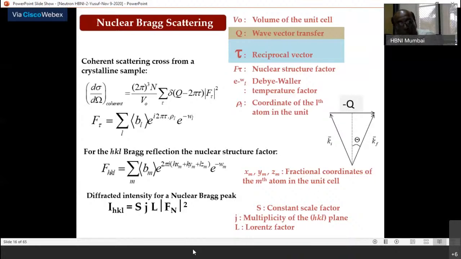So that is called multiplicity, and that is relevant when you do powder diffraction, meaning your sample is in polycrystalline form, not a single domain, single crystal. And L, which is known as the Lorentz factor, depends upon the shape of the sample. Either your sample is cylindrical or the sample is flat. So there is a definite expression, and you don't have to bother about all those things if you really use neutrons. Powerful programs are there. Many of you know, for example, the Rietveld refinement.